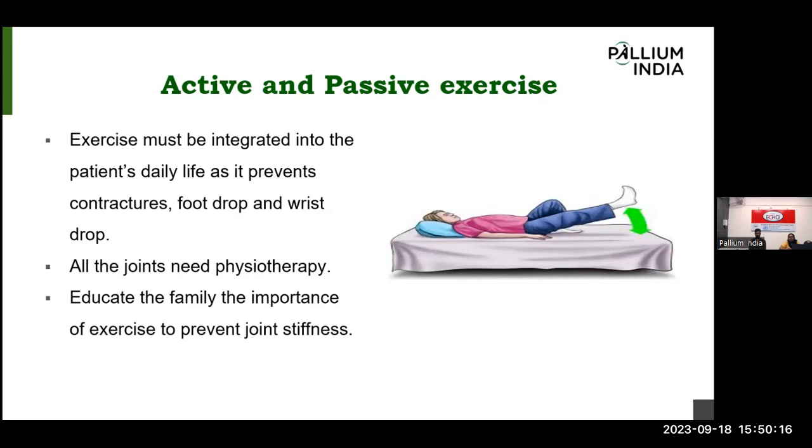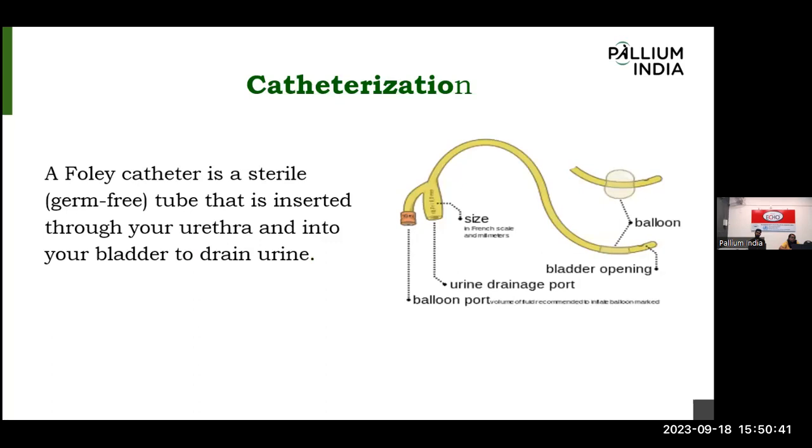And we all know all joints need physiotherapy, otherwise contracture will develop. You have to educate the caregivers, because when they go home they are alone. The caregiver is the only person to take care of the loved one. You have to educate them on the importance of exercise.